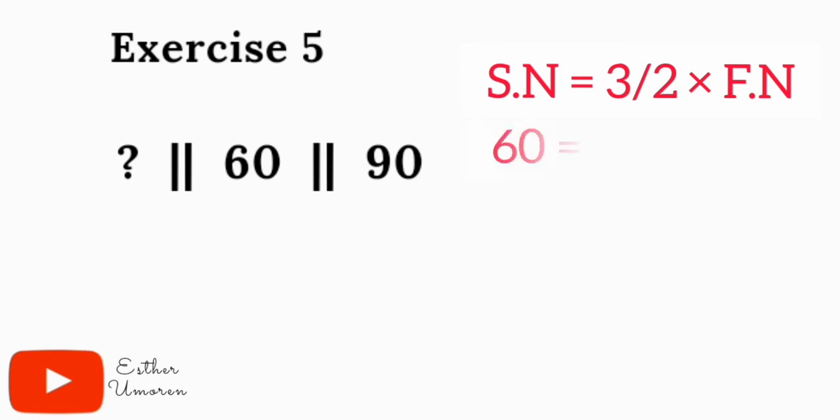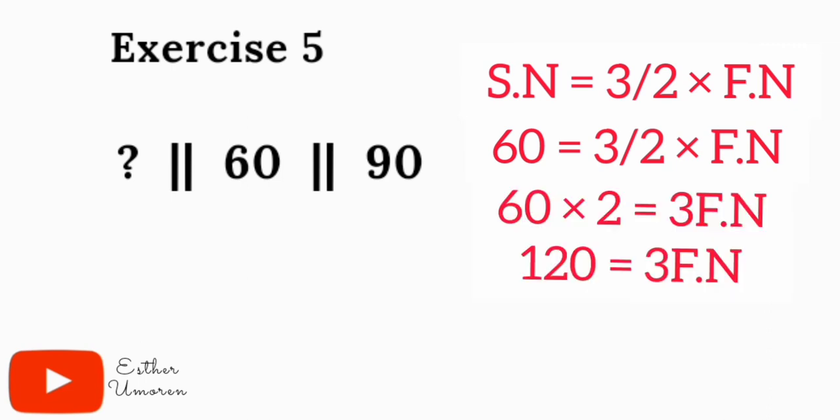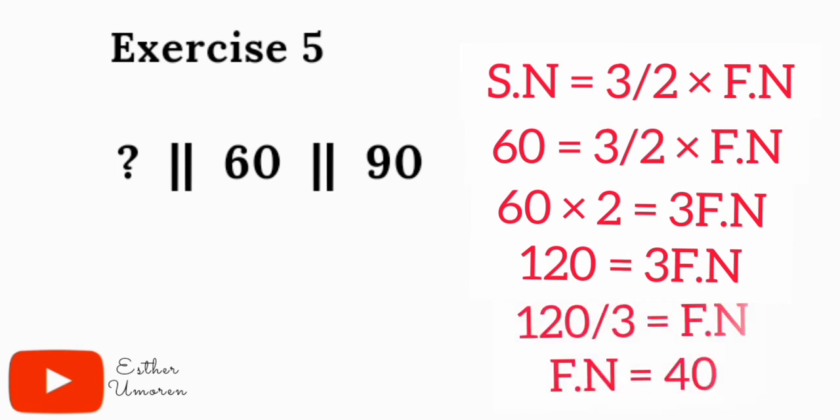Remember, that's the formula. All right. The second number here is 60 equals 3 over 2 Fn. All right. So when we cross multiply, we will have that 120 equals 3 Fn. If we divide both sides by 3, we will have that the first number, which is Fn, equals 40.